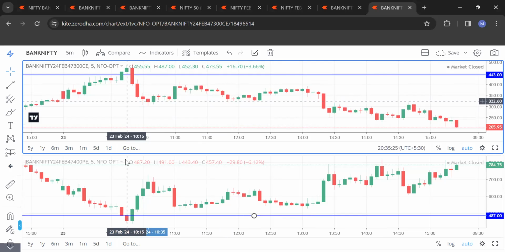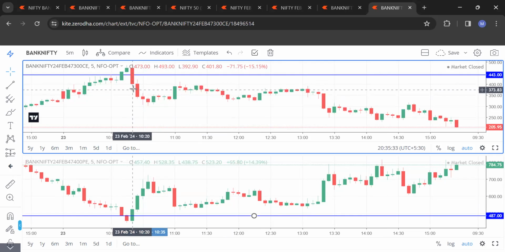Now similarly from this candle, 491 will be plotted above and 443.40 will be plotted. This went down, this went up.